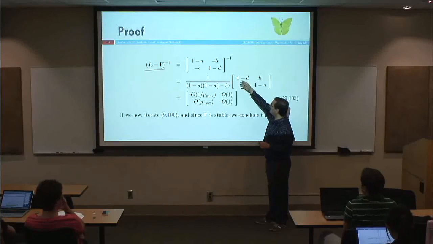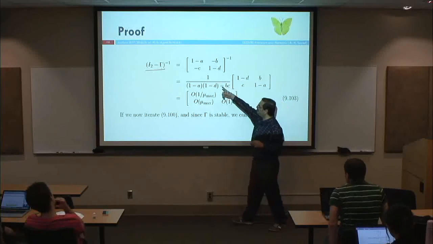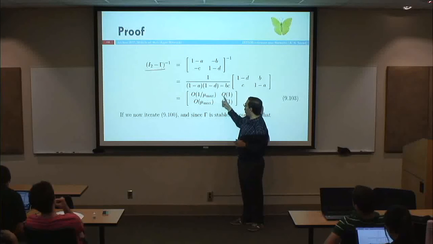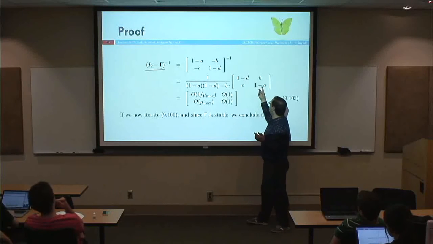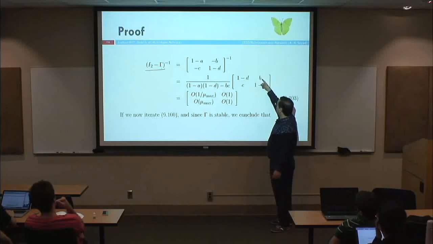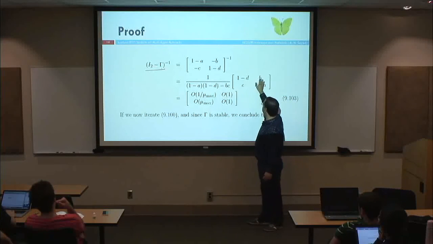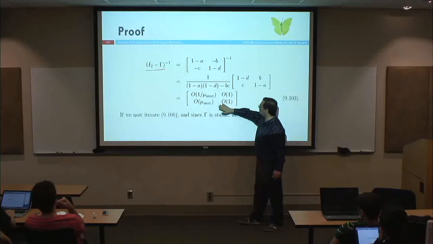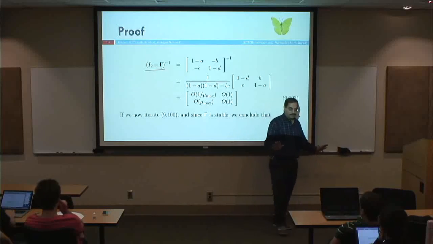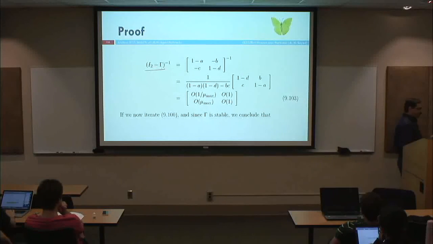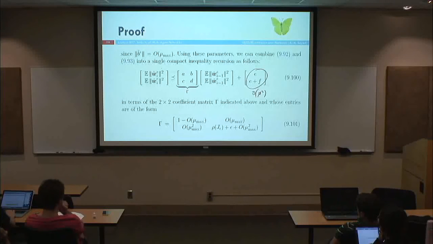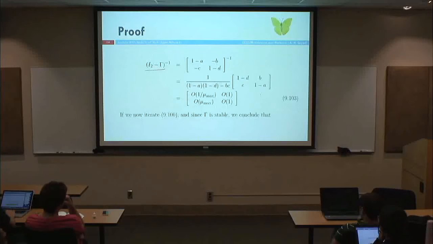I know the size of A, B, C, D, then you will find out that the size of I minus gamma inverse is like this. For example, take any element. Okay, B divided by this, you will find out that this is of the order of 1, of the order of 1, of the order of mu, of the order of 1 over mu. Okay. But this is being multiplied by what? Will be multiplied by the order of mu squared, right? So multiply it by the order of mu squared here.